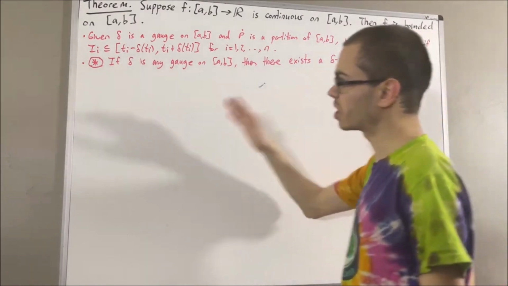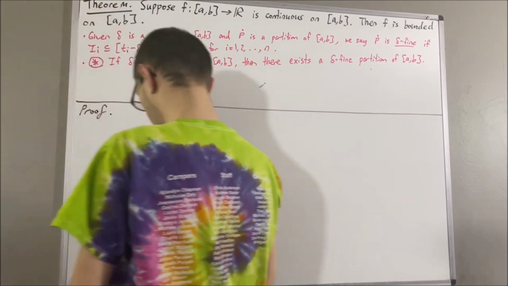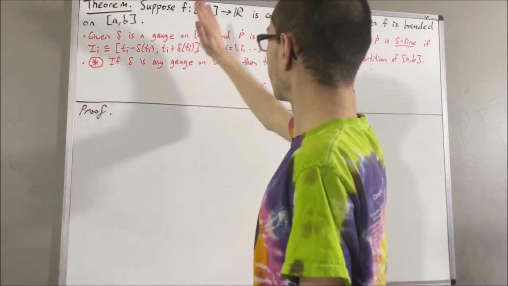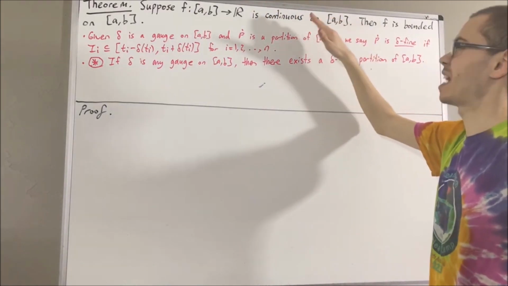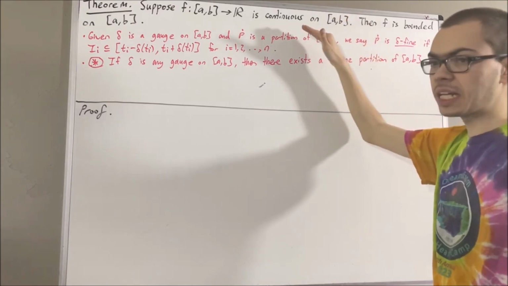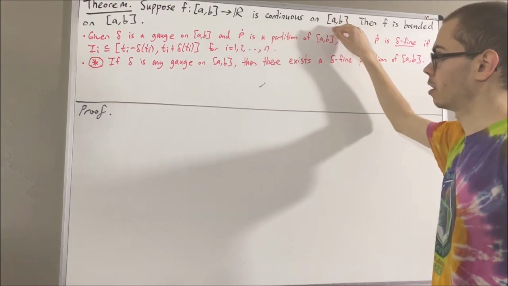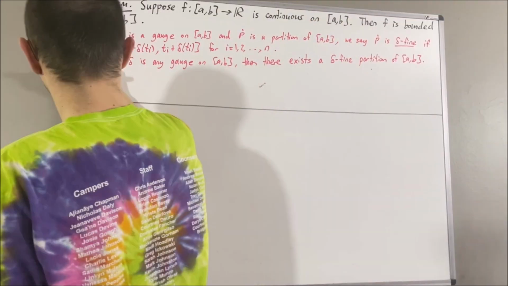Okay, so now let's get into proving this theorem. To start out the proof, since f is continuous on [a, b], this means that f is continuous at every point in [a, b]. So if t is any point in [a, b], well then to say f is continuous at t means the following.